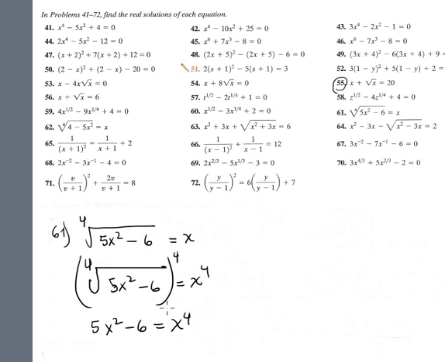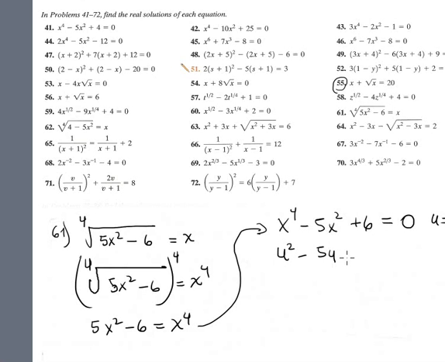So at this moment, this equation is quadratic form. Let me organize this: x to the 4th power minus 5x to the 2nd power plus 6 equal to 0. The definition of u is x to the 2nd power, so this is u squared minus 5u plus 6 equal to 0. Let's solve it by factoring.